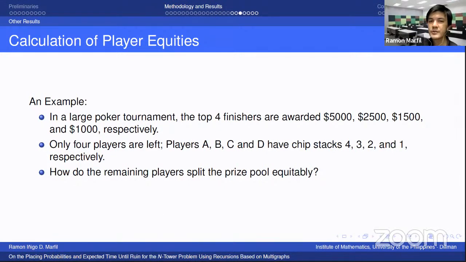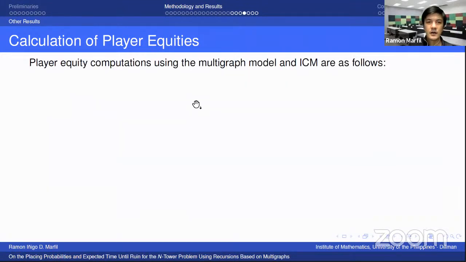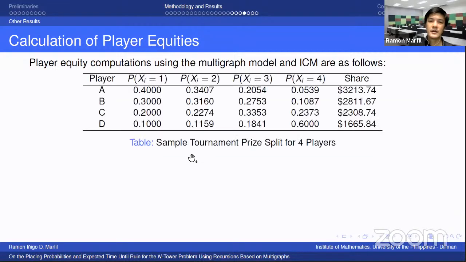So using the computed placing probabilities in our model, kaya natin i-compute yung equities ng bawat player. Dito pinapakita natin yung probability nung pag-place ng first, second, third, and fourth ng bawat player with starting wealths 4, 3, 2, and 1 respectively.